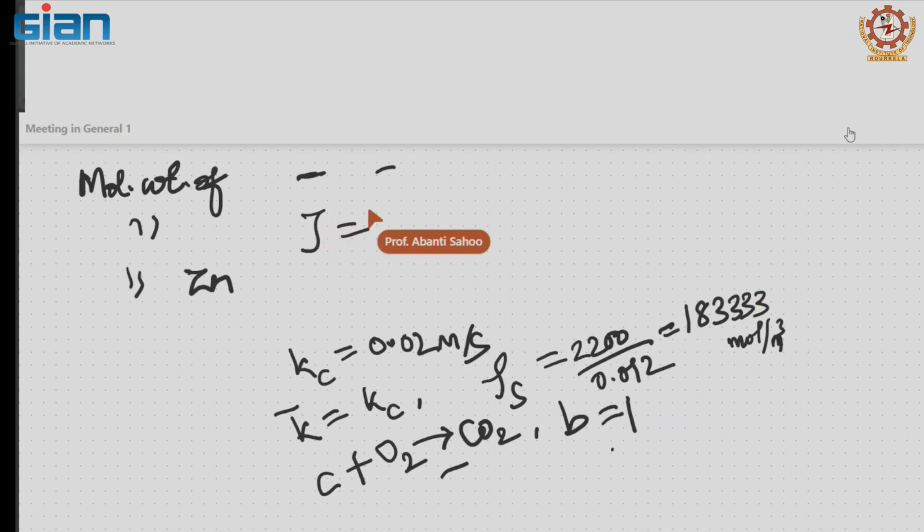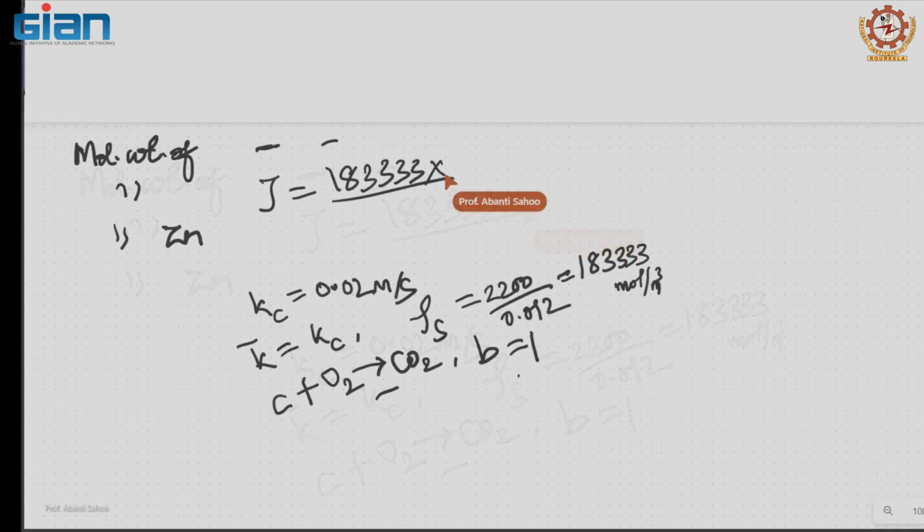Rho B, which is 183333, divided by rho B into dP. dP is given here, that is 1 mm.